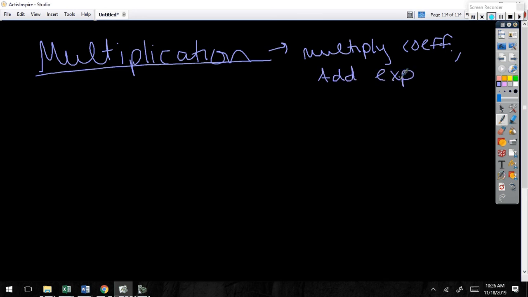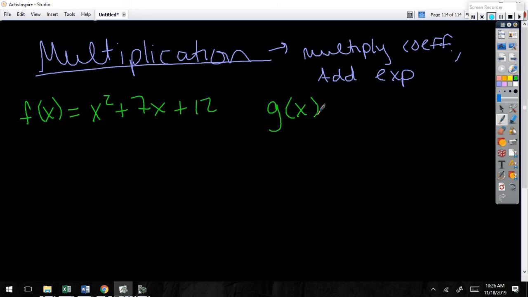When you're just adding like terms, you're leaving the exponents alone, but when we multiply, we have to really start watching those exponents. All right, so if I had f of x equals x squared plus 7x plus 12, and g of x equals 3x minus 4.